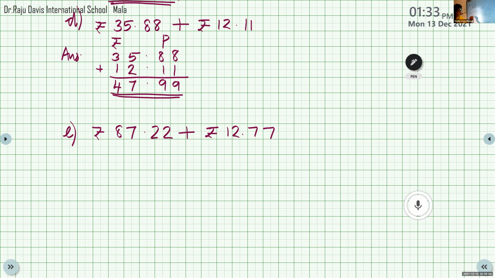Yes, 87 rupees 22 paise, 12 rupees 77 paise. 7 plus 2, 9. Again 7 plus 2, 9. Here 7 plus 2, 9. 8 plus 1, 9. So 99 rupees 99 paise.